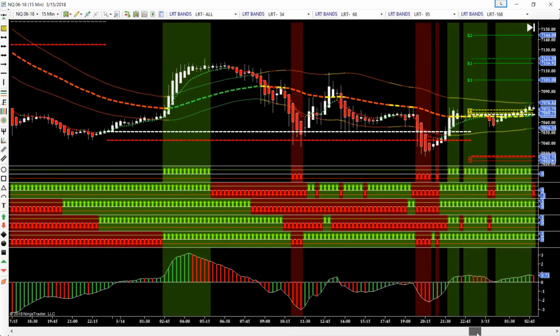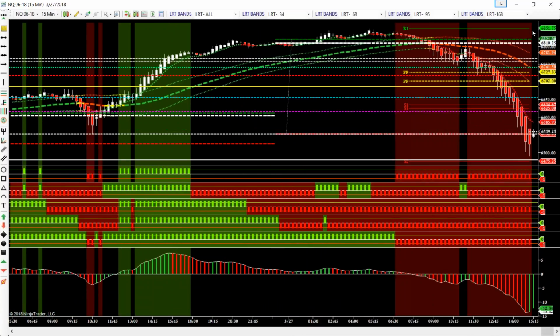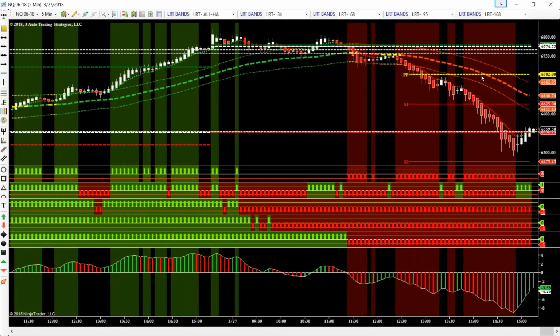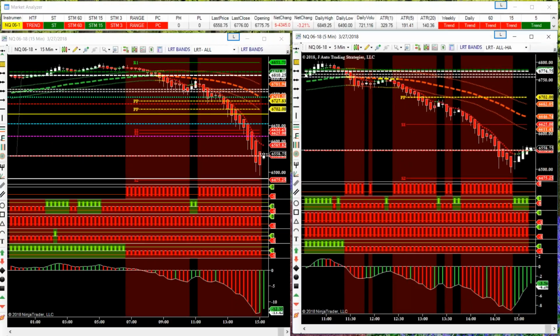When you put this together with your weekly, daily, 60, 15, and your smaller time frame chart to match it and time your trades, you've got a killer trading strategy here.